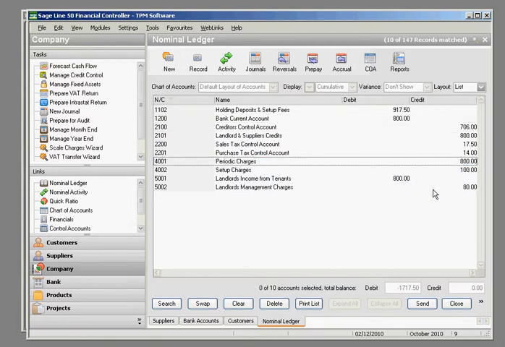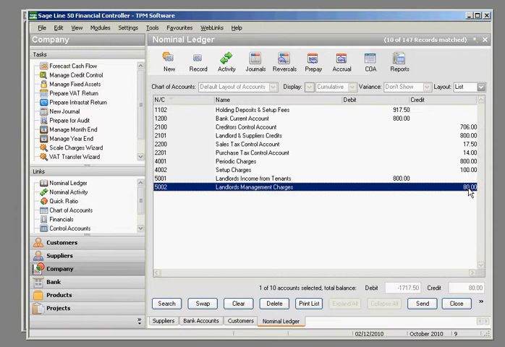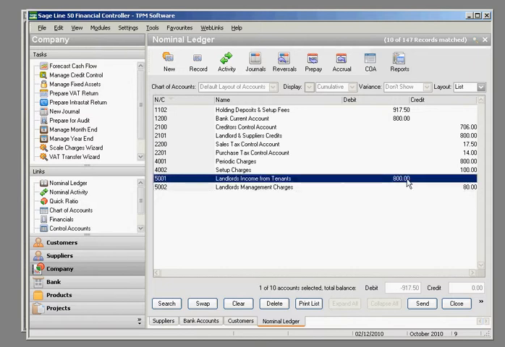The £80 is the net amount for the management charge. The purchase ledger account is the landlord's income from tenants, which of course is less than the management fee.